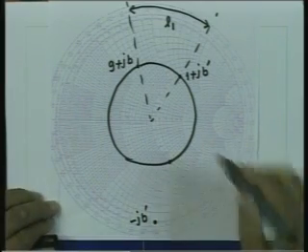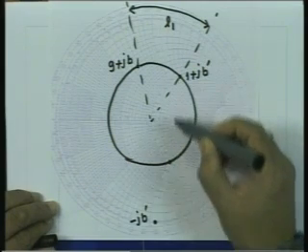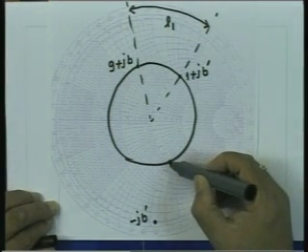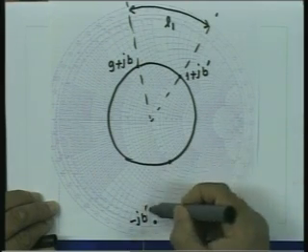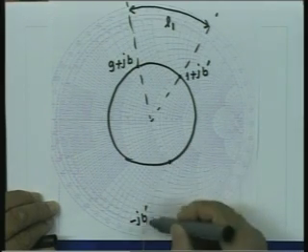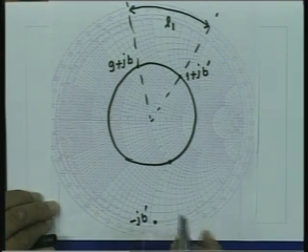So, note what we have done. This location is 1 plus JB prime. I take a mirror image of that on the constant VSWR circle, find the constant susceptance circle passing through this, and go to the outermost point which represents minus JB prime.